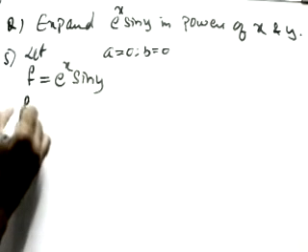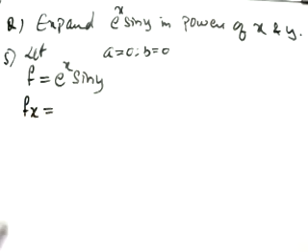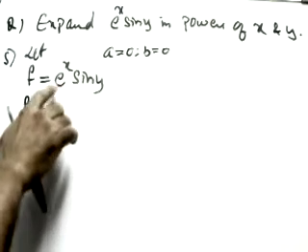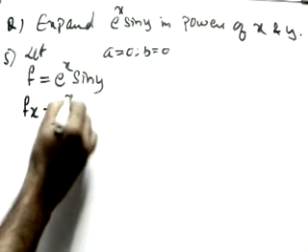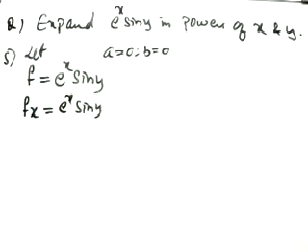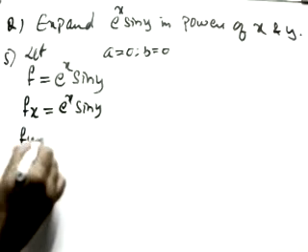Let me find a few partial derivatives. fx, differentiation with respect to x: sine y is constant, d by dx of e power x is e power x sine y.